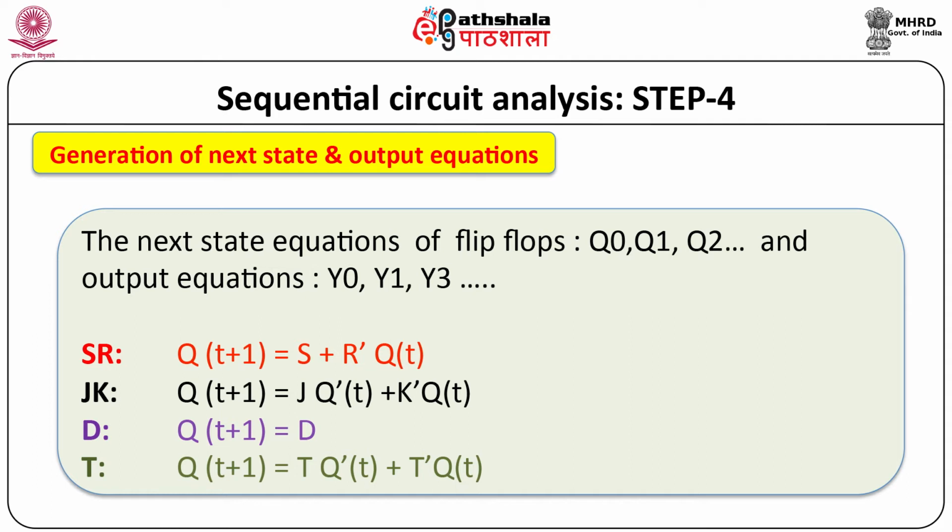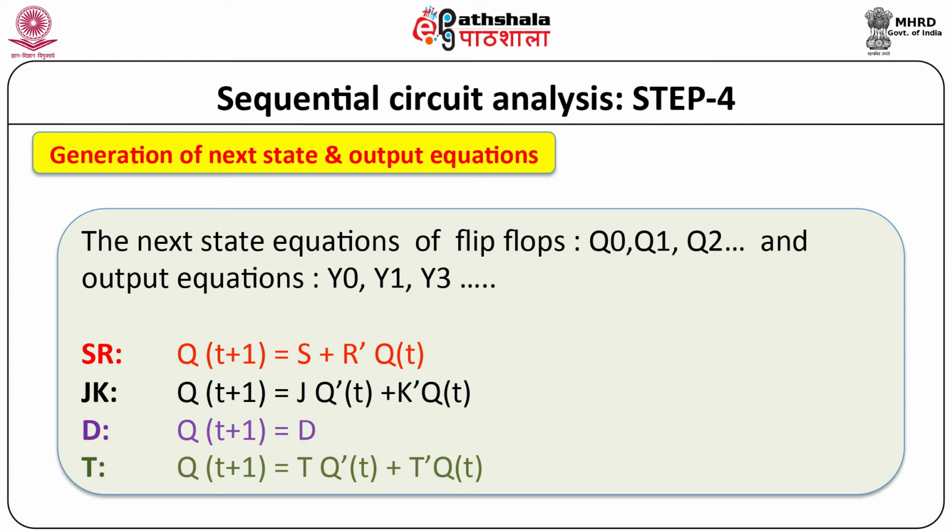Generation of next state and output equations. The status of all state variables at some time t before the next clock edge represents a condition known as present state. Similarly, the status of all variables at some time t plus 1 represents a condition known as next state.